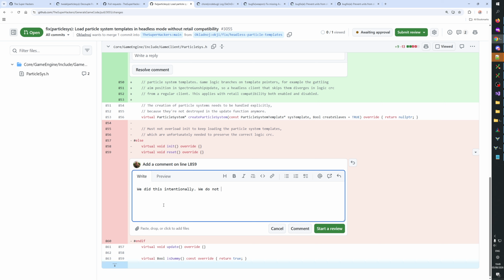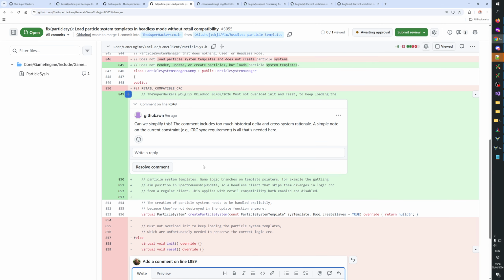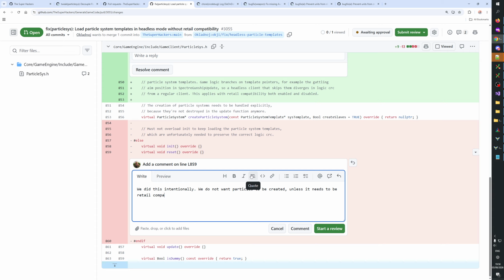We do not want particles to be created unless it needs to be retail compatible, unless it compiles with retail compatible CSC.